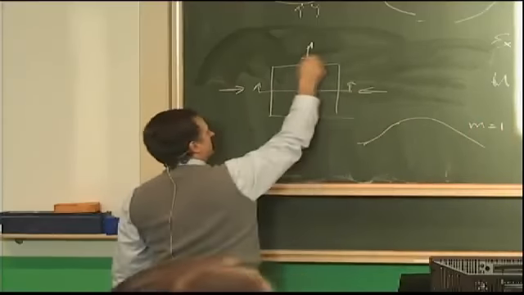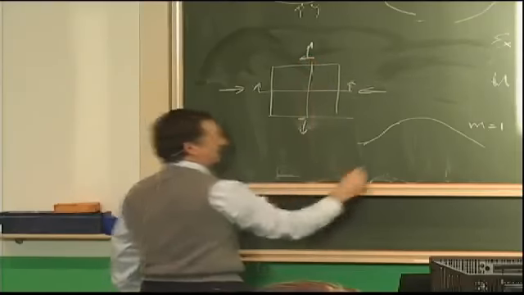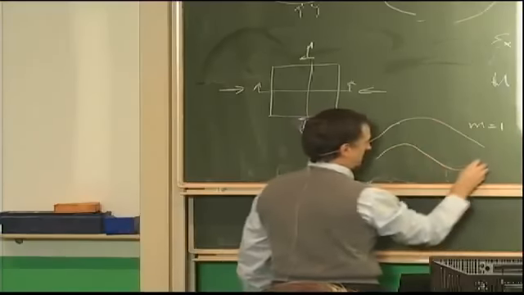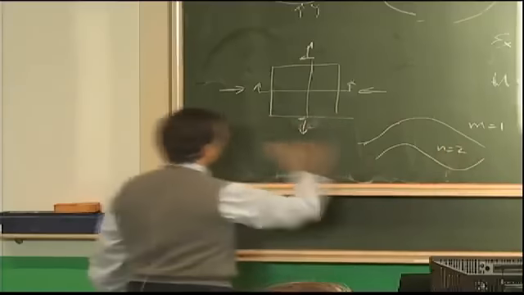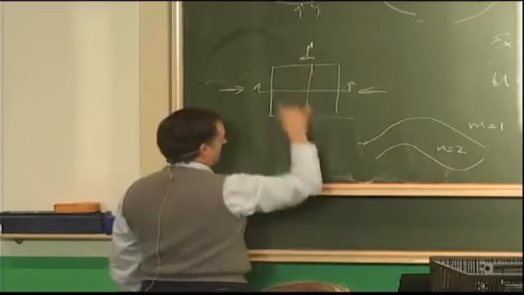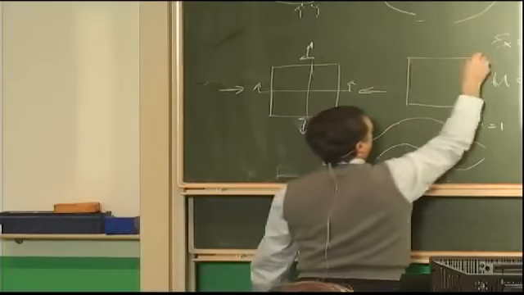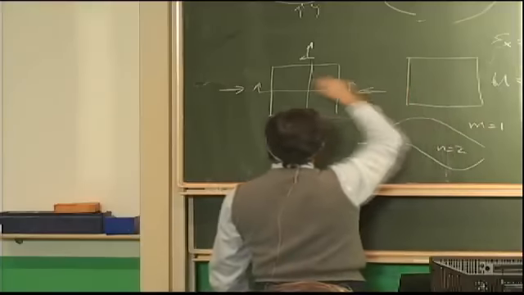Now if I make a cut and look at it this way and see two half waves, then I would have N equals 2. Essentially my shape, if I could draw it, would look like this. Looking from the top now, I have one half wave in this direction and two half waves.